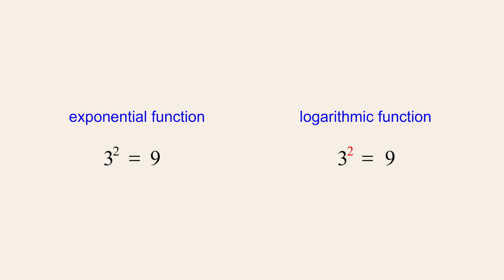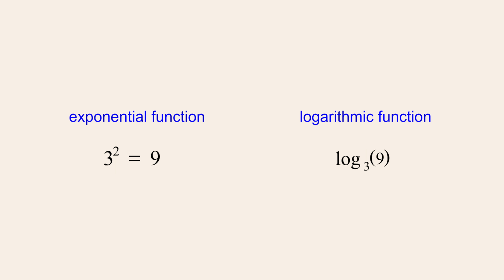A logarithmic function is simply a way of expressing this process, and it is written as follows. First, to indicate that the base is 3, we write log with a subscript of 3. Then, to indicate that the value of 3 with the unknown exponent is 9, we write 9 after log subscript 3.